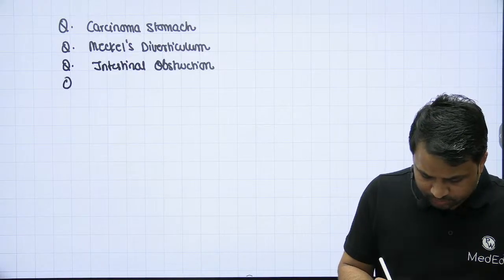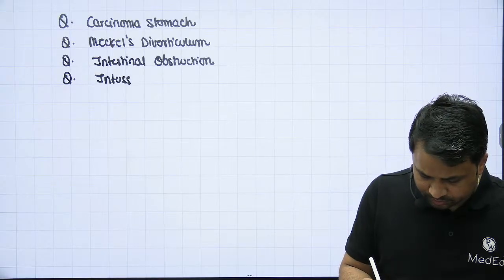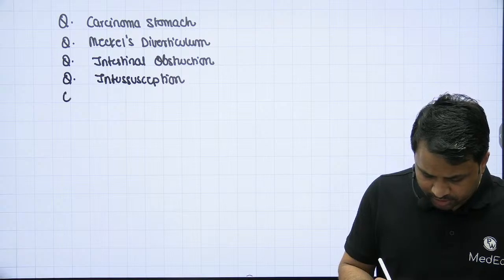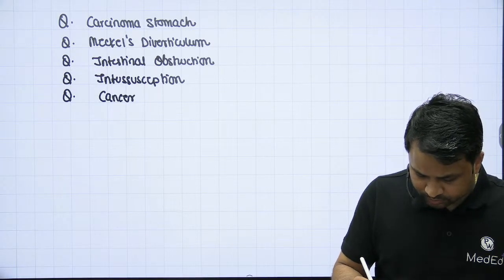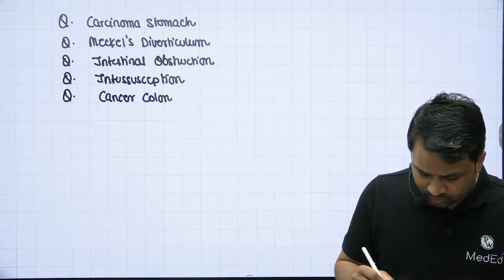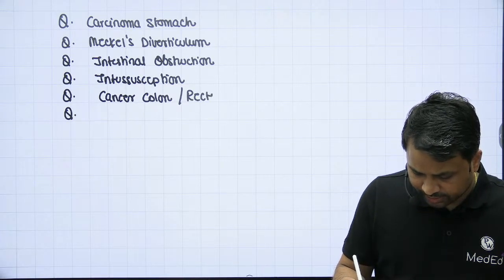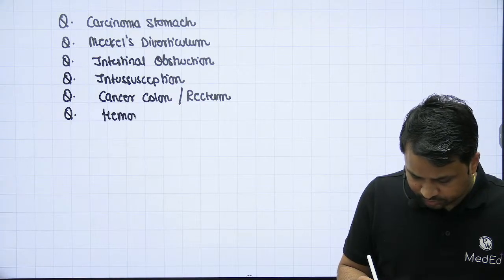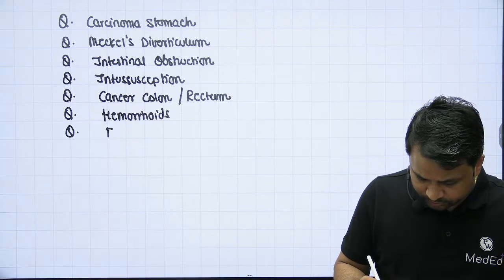Intussusception. Cancer colon. In this, I can add rectum also. CA rectum. Then hemorrhoids. And fistula in ano.